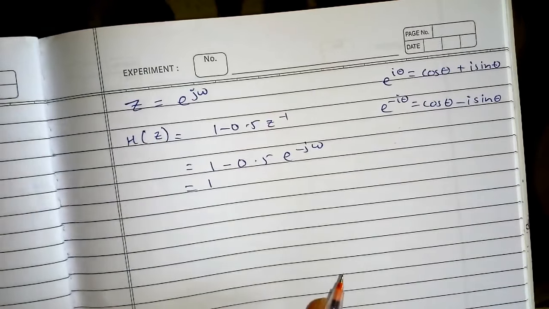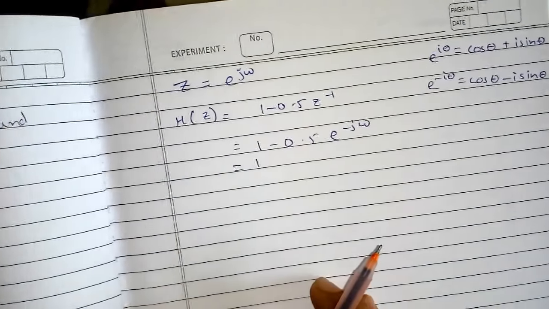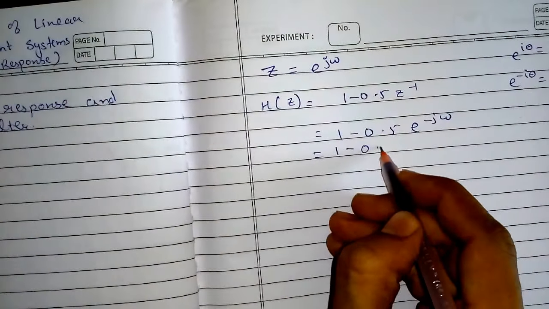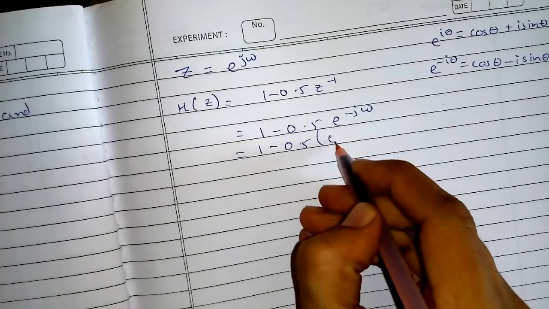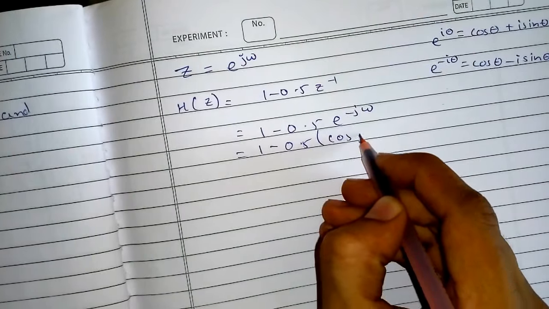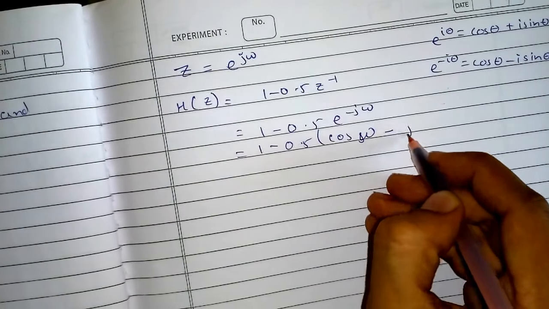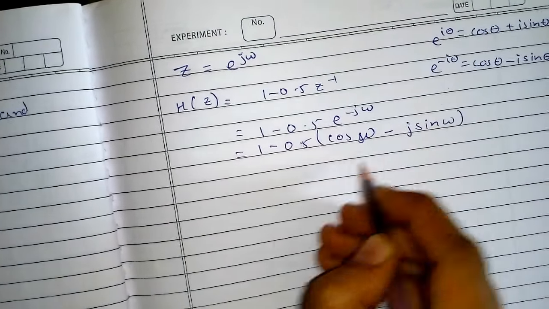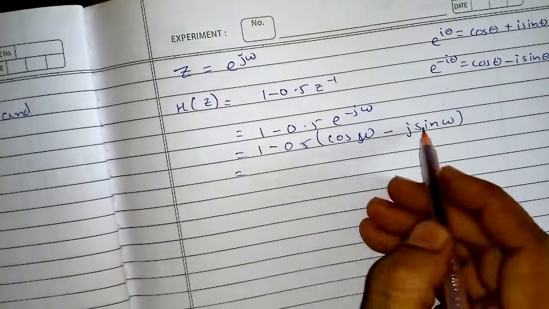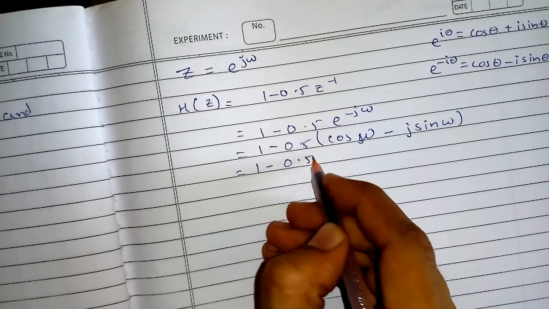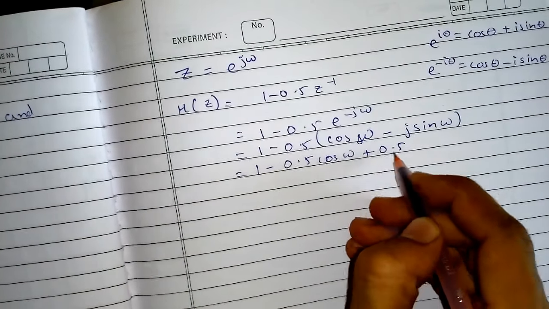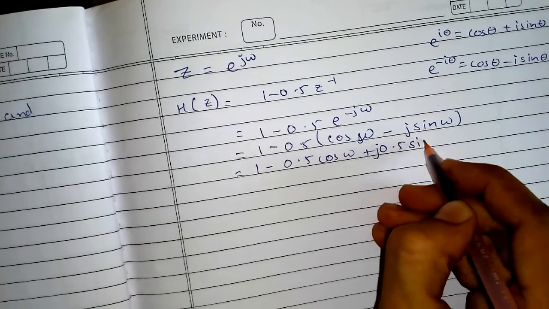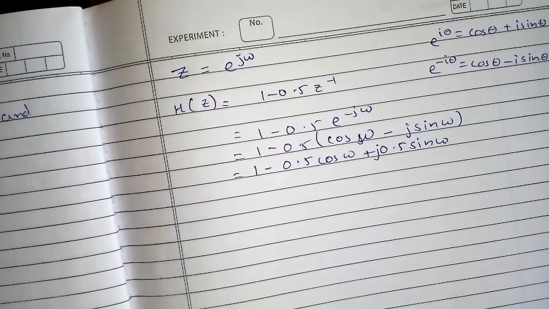Using the same analogy, 1 minus 0.5 e raised to minus j omega will become cos omega minus j sin omega, and now I will multiply 0.5 with them. So 1 minus 0.5 cos omega plus j 0.5 sin omega. This will be my final expression.